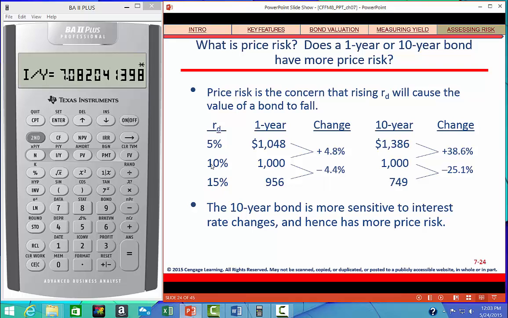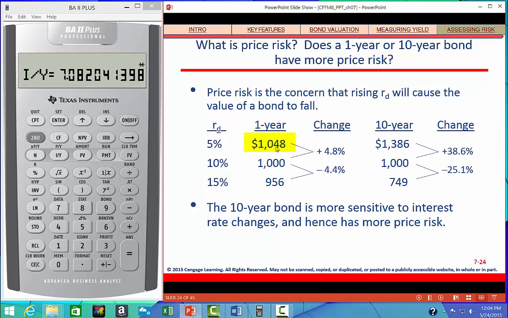Now, let's look at what would happen to the price of the bond if interest rates went down by 5% or went up by 5%. If the interest rate goes down by 5%, then the price will go up, because bonds have that inverse relationship between prices and interest rates.